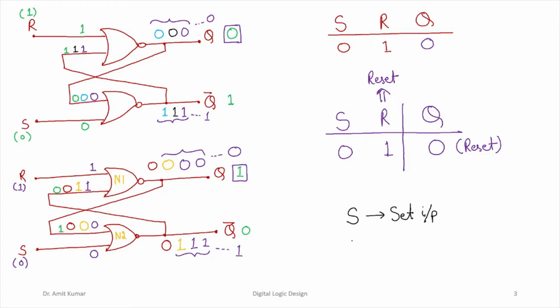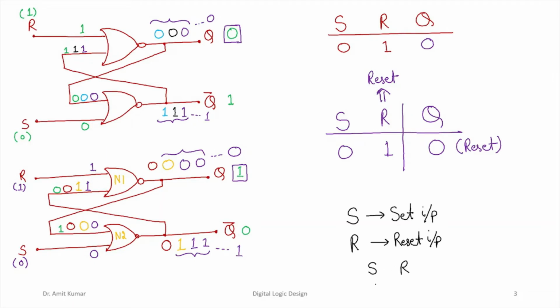We call the input R the reset input. Because this input S is responsible for fixing the final output to a set state, that is a logic 1 state. This input R is responsible for fixing the output to a fixed state that we call the reset state, right? So it depends.